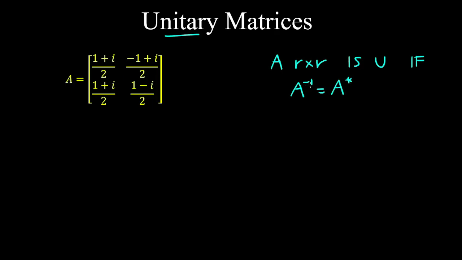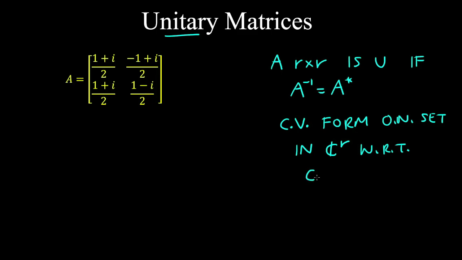But typically, we don't need to compute the inverse, and instead verify that the column vectors of A form an orthonormal set in the complex inner product space of r-tuples with respect to the complex Euclidean inner product. And the same applies to the row vectors.